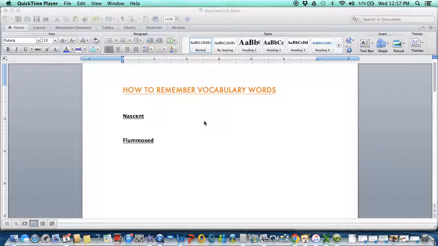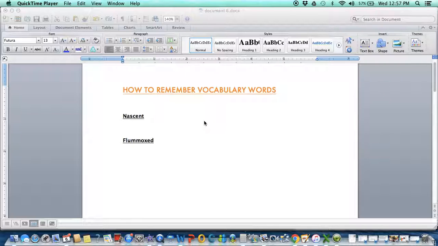a way to help you remember vocabulary words in a way that is fun and that I think will actually help you remember it in an authentic way, for life.